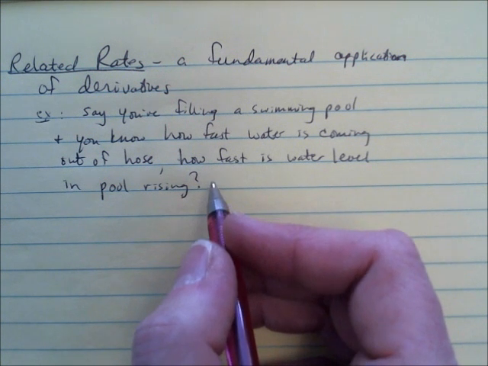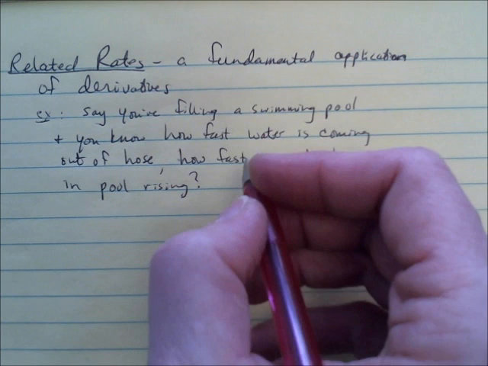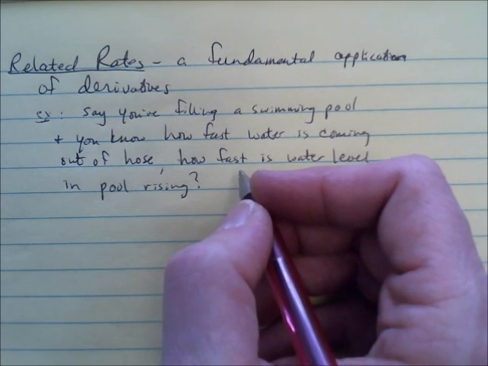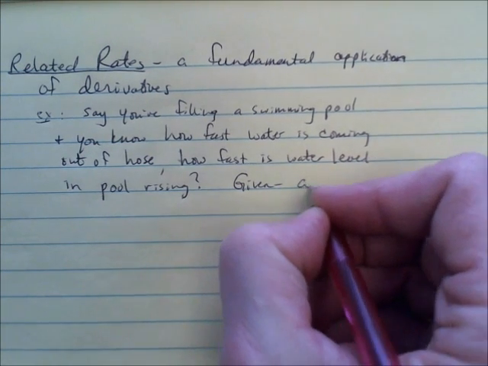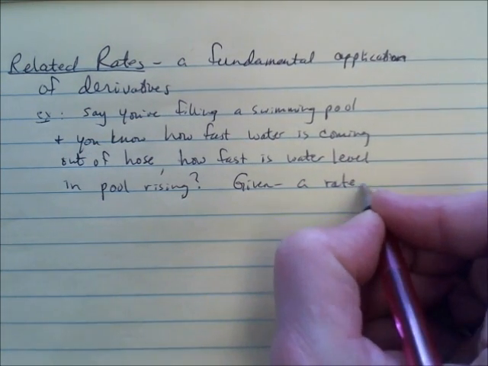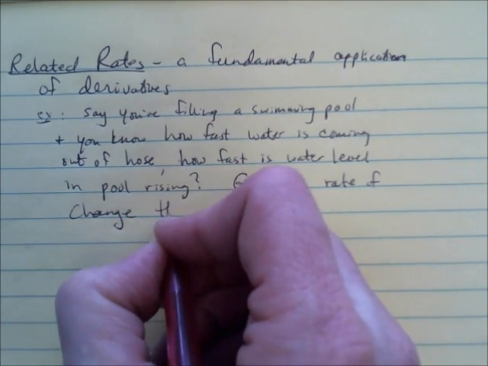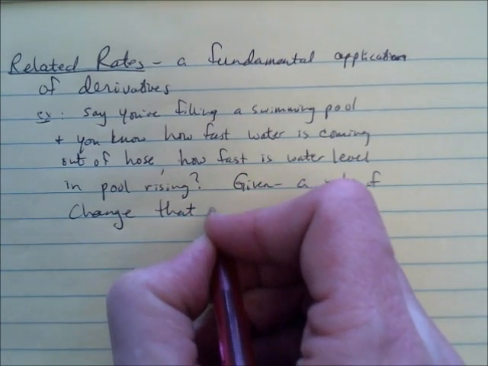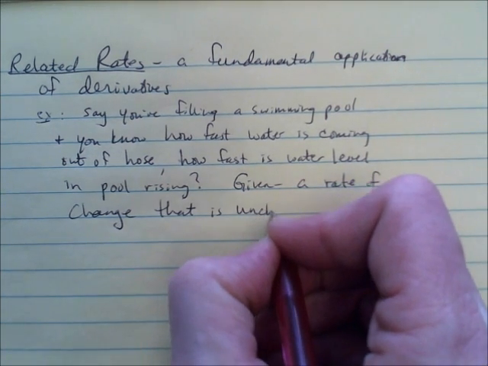And so we're going to study some typical related rates problems. And what we're going to be given is a rate of change that's unchanging over time. The rate itself is unchanging over time.